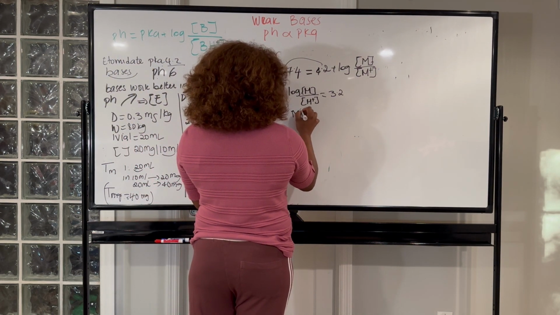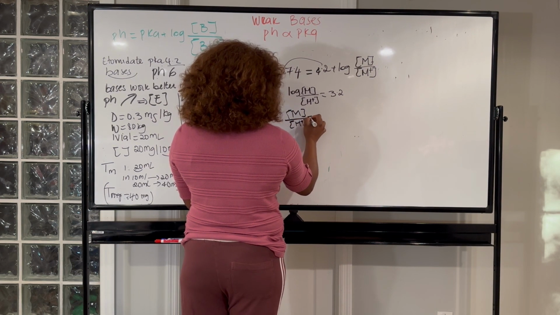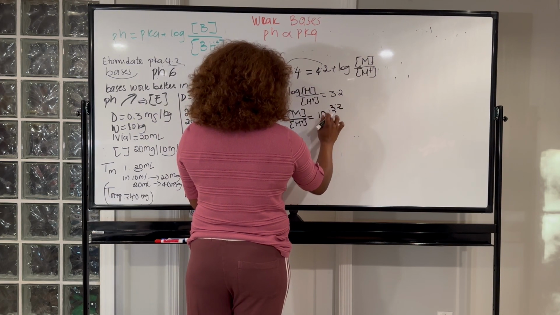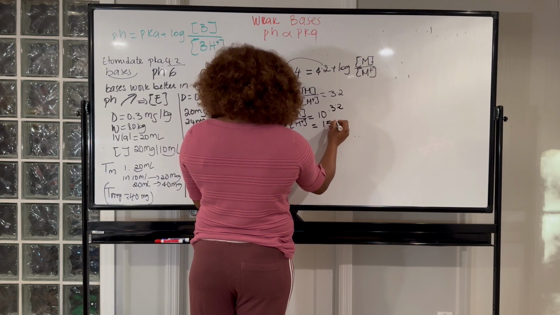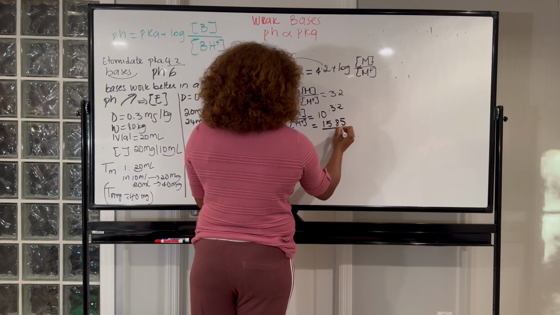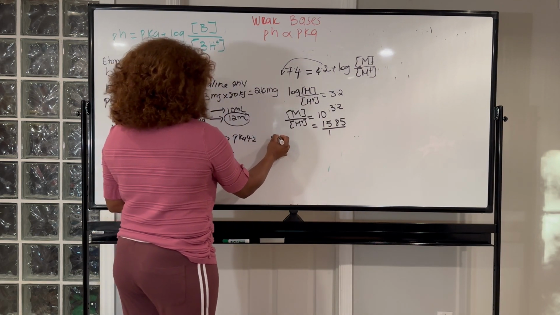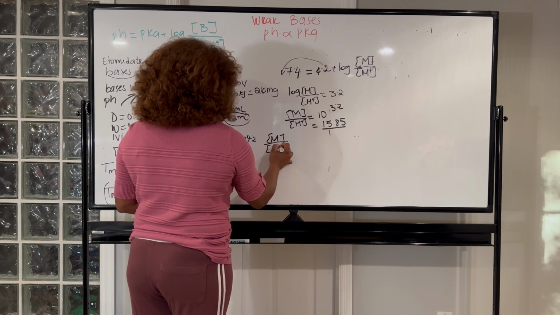And the proportion of the non-ionized over the ionized, 10 to the 3.2, equal 1585 over 1. So this is our proportion, the non-ionized over the ionized.